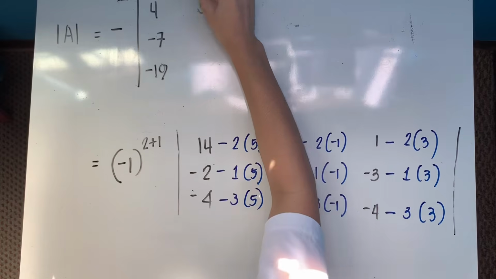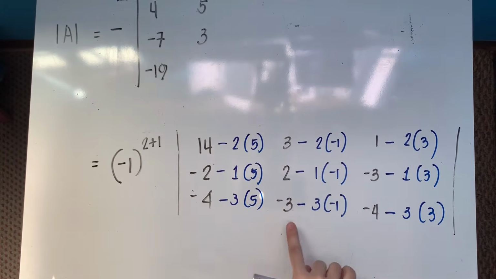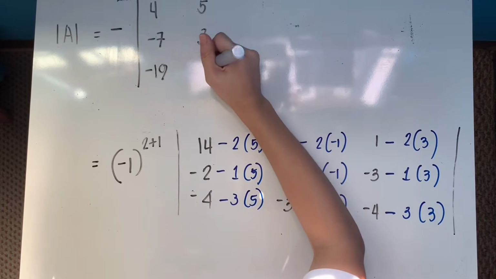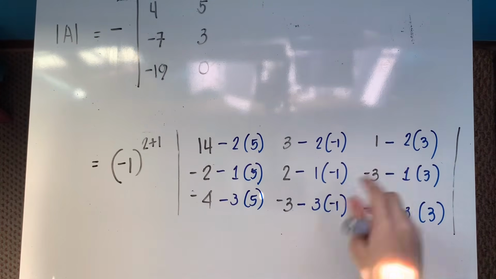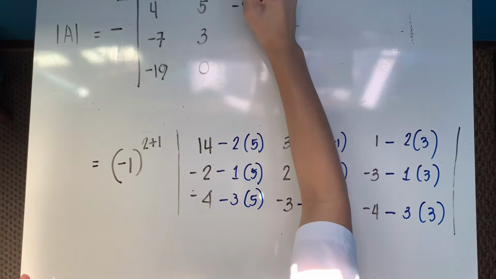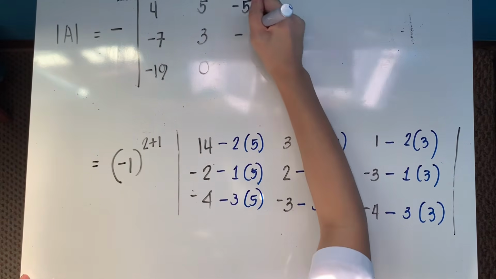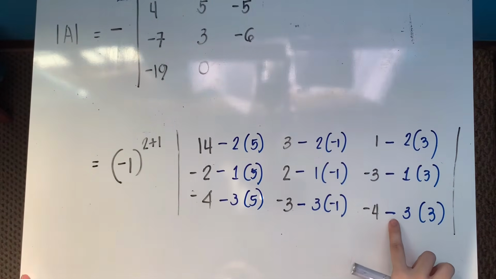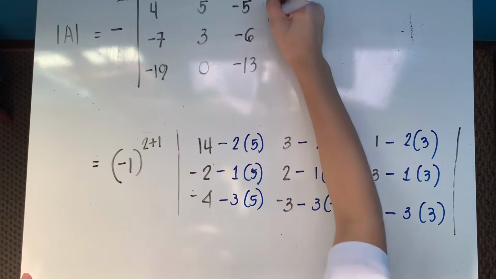That's 5. 2 plus 1. We have 3. Negative 3 plus 3. So, we have 0. 1 minus 6. So, we have negative 5. Negative 3 minus 3. So, we have negative 6. Negative 4 minus 9. We have negative 13.